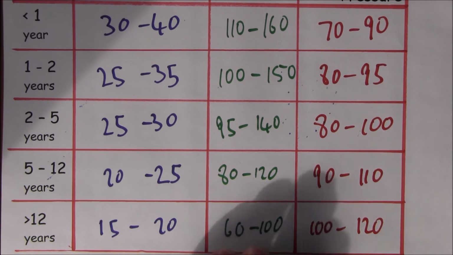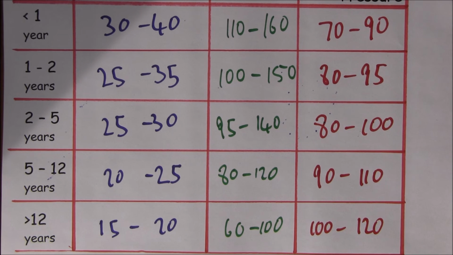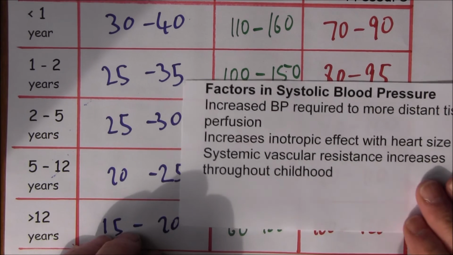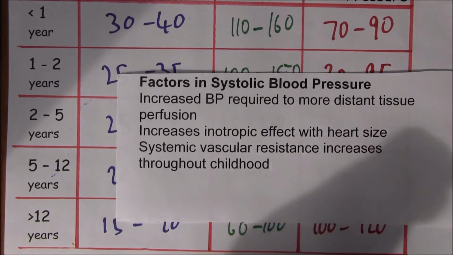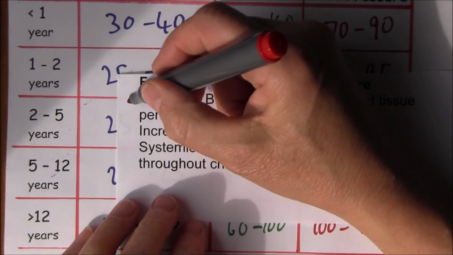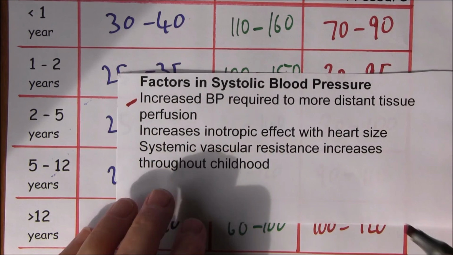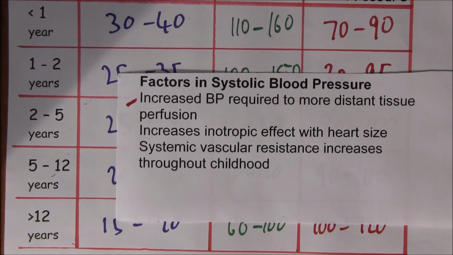We're not too interested at the moment in the diastolic figure. So why is this? Well, factors in systolic blood pressure. The body's bigger, therefore the pressure needs to be higher in order to perfuse all of the tissues, because there's more body tissue for it to go around. So it makes sense that we need that.